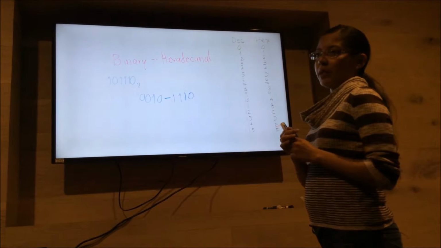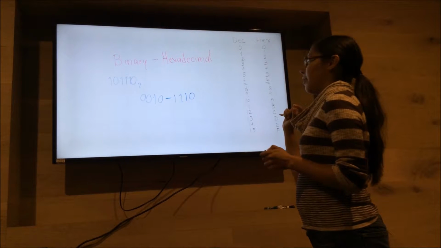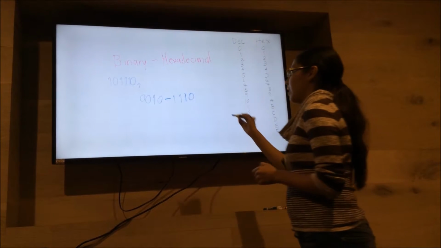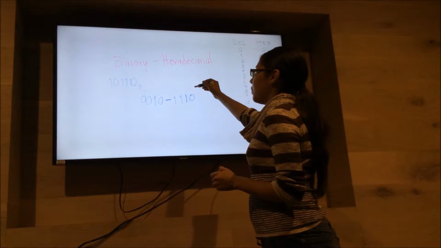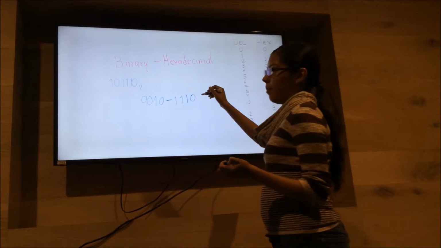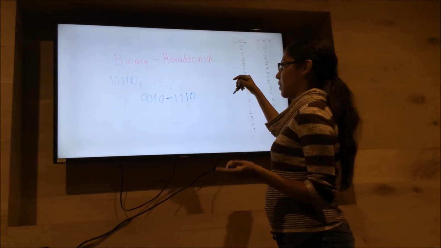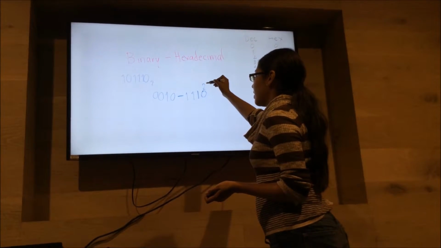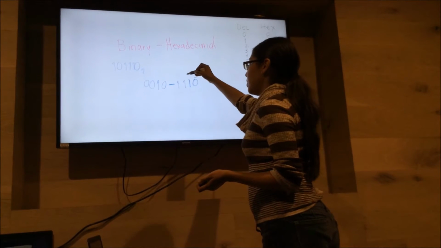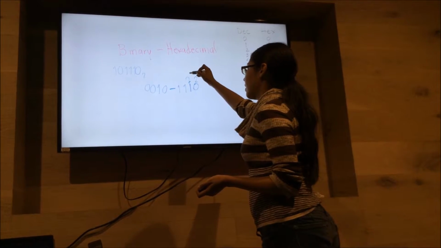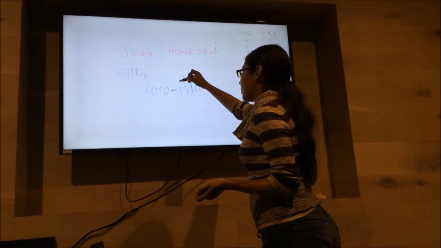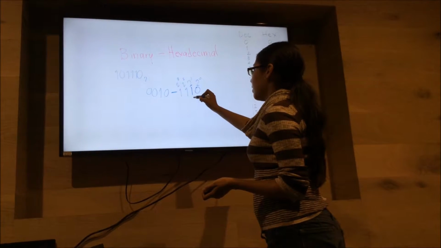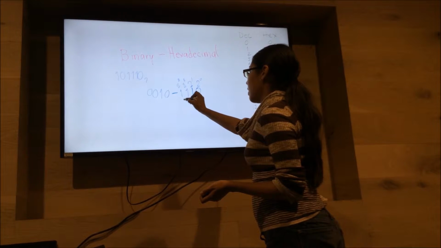The next step is to convert the binary number into a decimal number. And here we're going to use the powers of the number 2, as Roberto explained. In this case, here we're going to have 2 to the 0, 2 to the 1. Here we'll have 1, 2, 4, and 8.